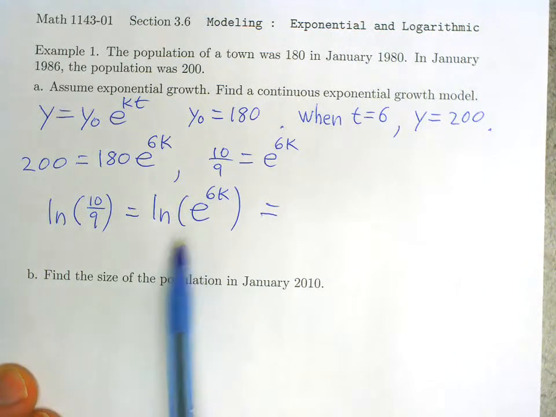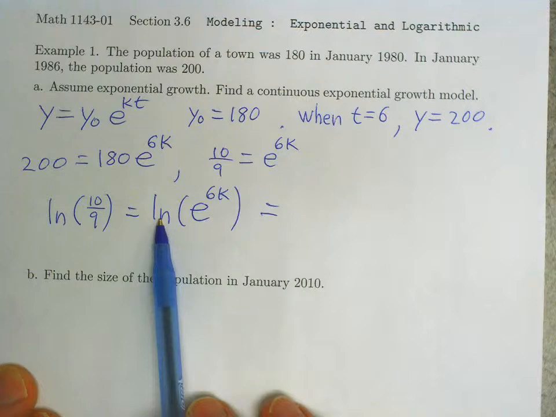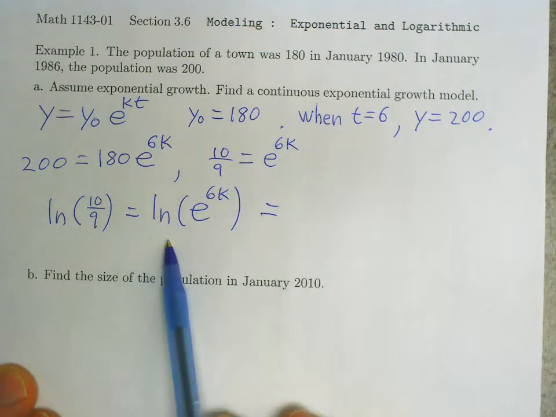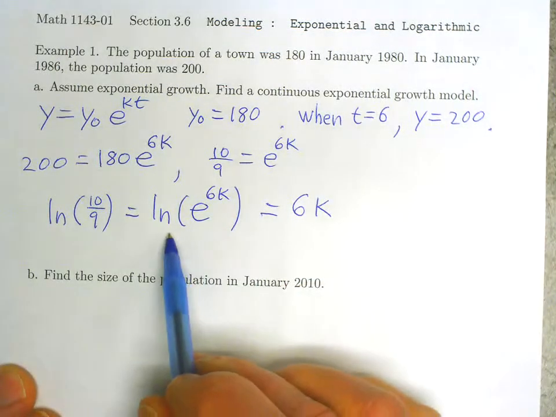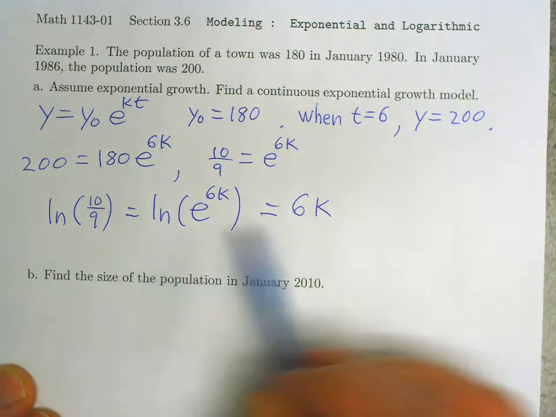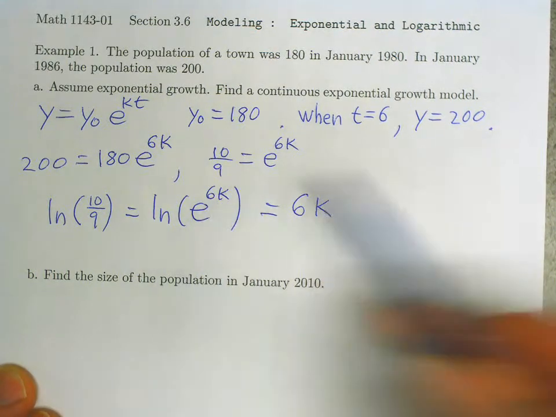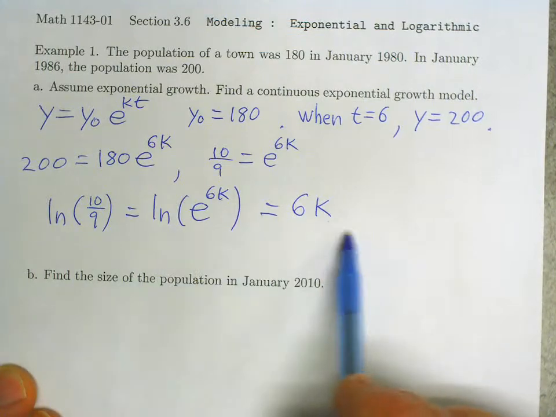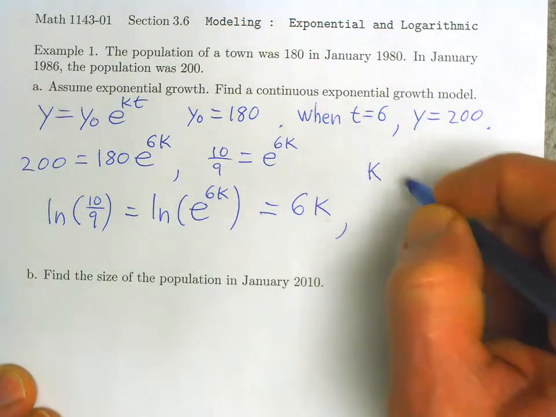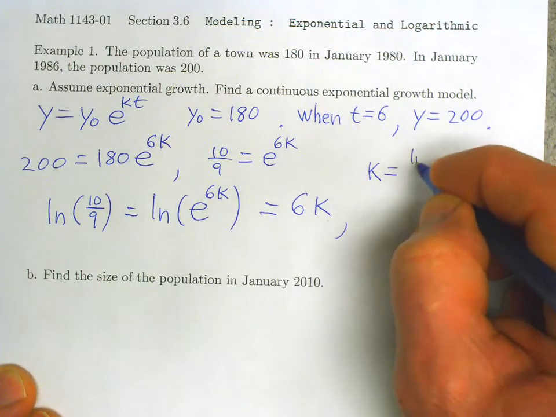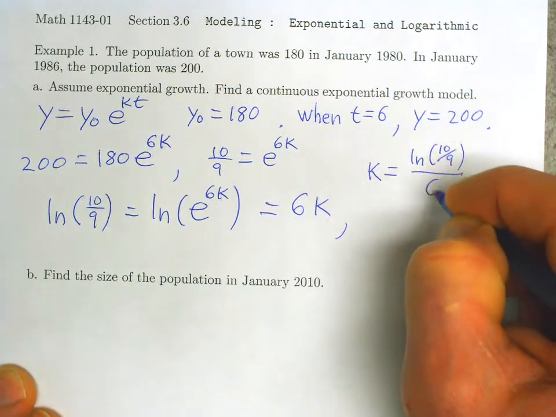And hopefully you'll remember the natural log is the base e. So the natural log of e to the 6k is just 6k, because the base number e raised to the 6k is equal to the base number e raised to the 6k. Just applying the definition of a logarithm. So the continuous growth constant k is the natural log of 10/9 divided by 6.